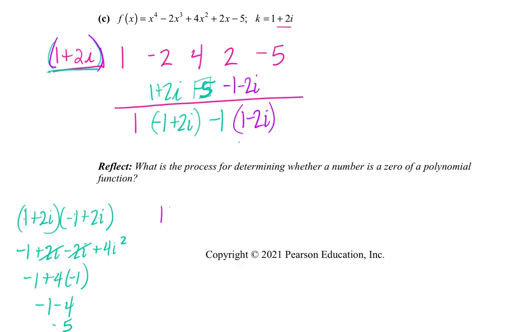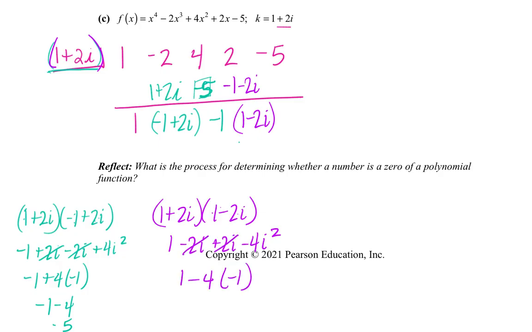So now I've got 1 plus 2i times 1 minus 2i. 1 times 1 is 1. 1 times negative 2i. 2i times 1. 2i times negative 2i. These cancel. 1 minus 4 times negative 1 is 1 plus 4, so 5. So this is 5, and then negative 5 plus 5 is 0.